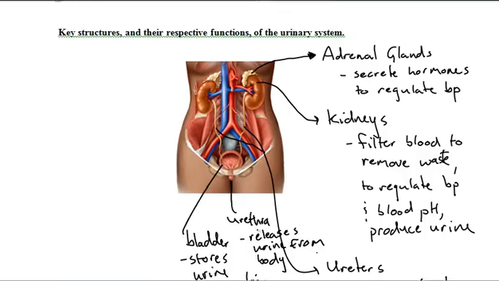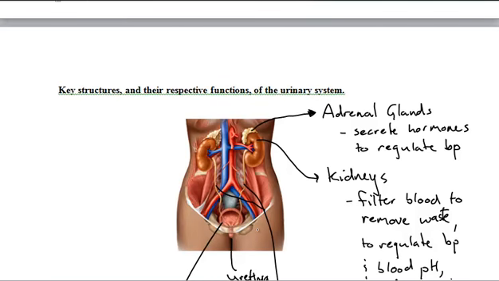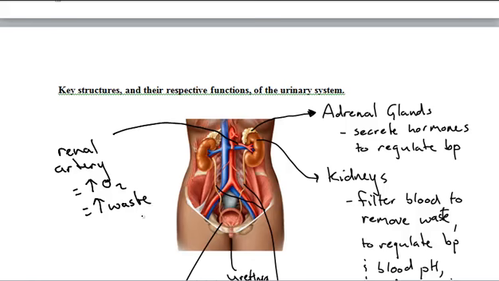And then I just want to highlight up here how we have going into the kidney the red one, called a renal artery, which is high in O2, but it's also high in waste. It's dirty blood. Okay, so dirty, unfiltered blood.